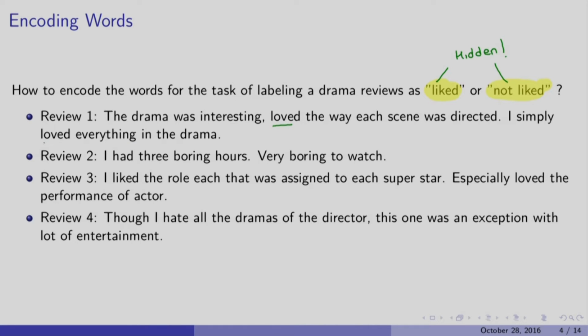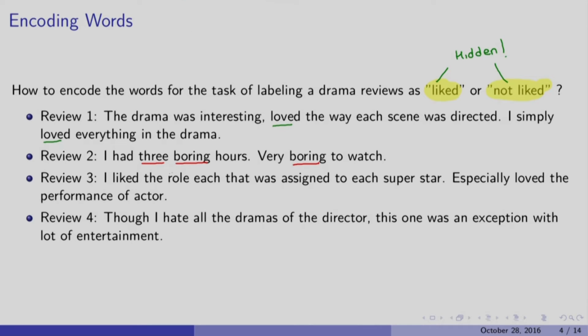It's very positive. There's a second review: 3 boring hours, very boring to watch. It's also possible that a keyword such as 3, indicating the length of the drama, could be strongly correlated with a sentiment such as not liked.